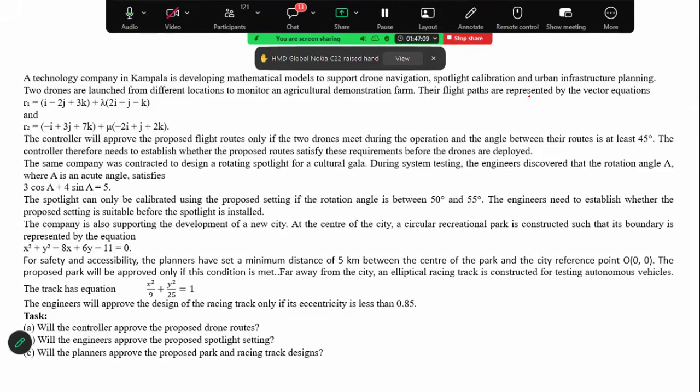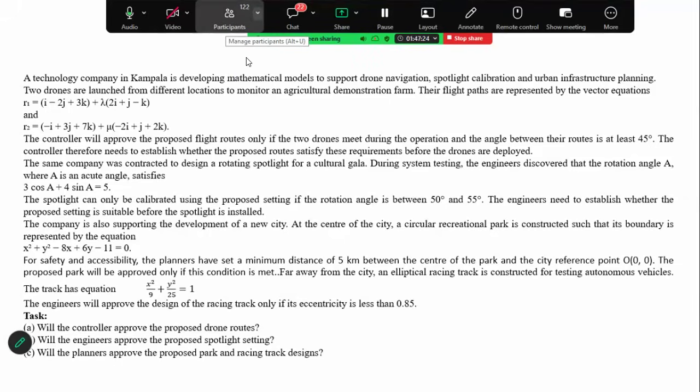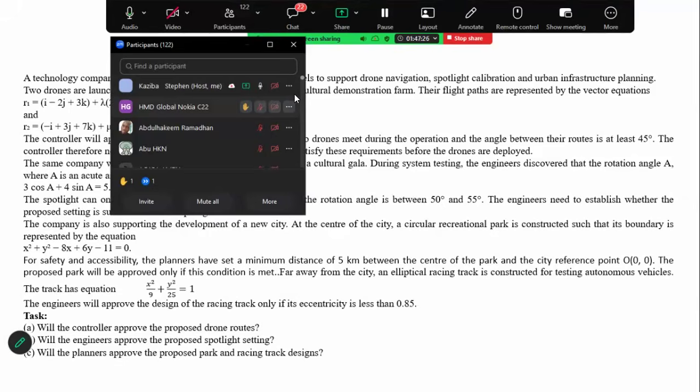Their flight paths are represented by vector equations. Always item 1 is going to have those things of trigonometry, vectors, coordinate geometry, so you need to be in a position to respond to those. So you first read it through as we start to unpack the question.